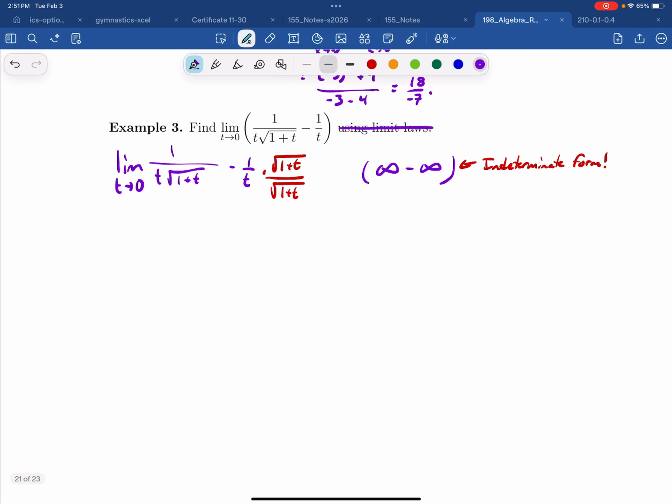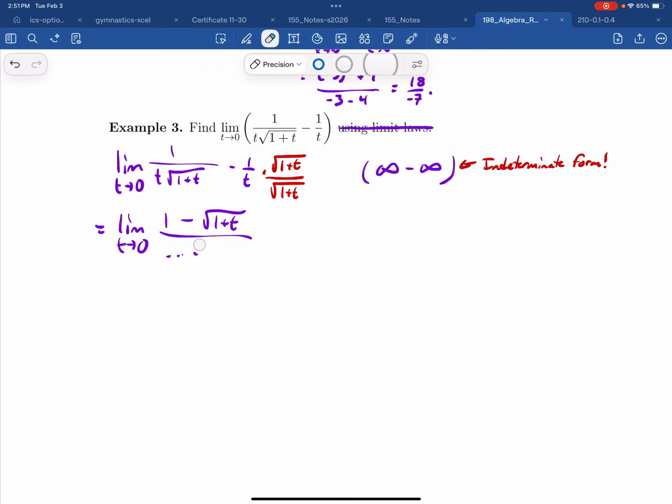And now we can write the expression after the limit as just one fraction, right? 1 minus the square root of 1 plus t, all over t root 1 plus t. It's the same denominator, so just write it as 1. That's the nice thing about getting a common denominator. You write it as one fraction, you're done.